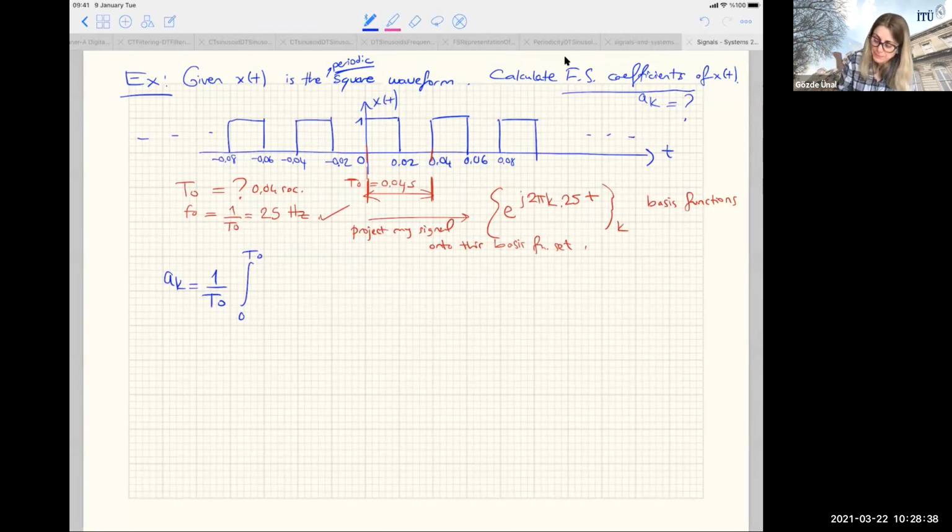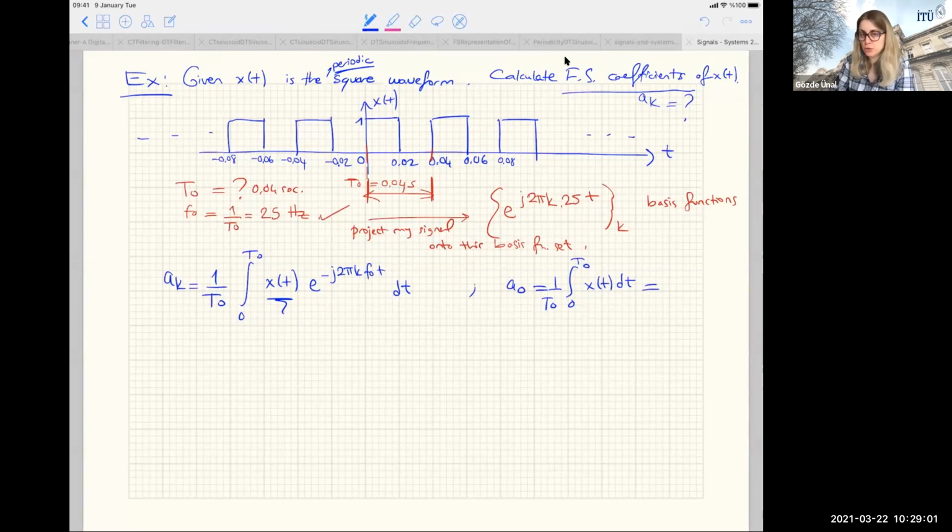X of t is being projected onto e to the minus j 2 pi k f0 t dt, okay? And also remember, a0 is easy to find: 1 over t0, 0 to t0, x of t dt. It's just the area, remember? So you can always look for a0 first.